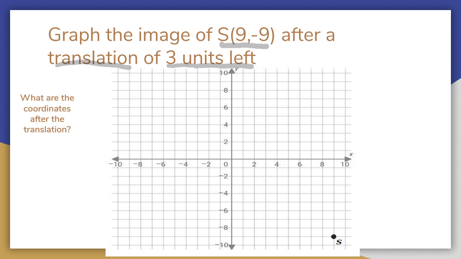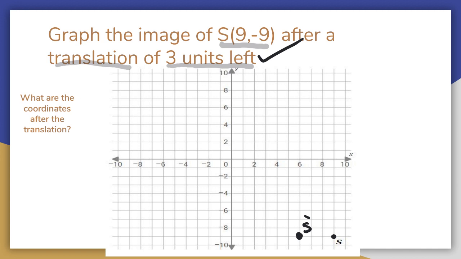A slide. So if we're right here at S right now, and we slide 3 units left, we're going to go 1, 2, 3. And that's going to be our new point. So our new point is right here. And we could call that S prime. So here's our new S. So we've graphed it. Check.